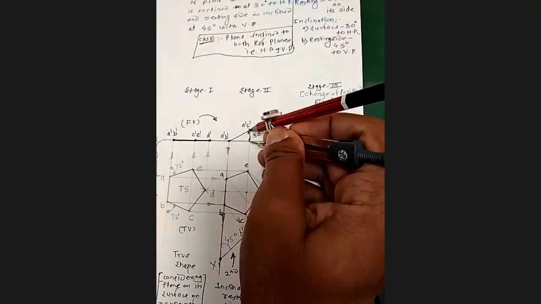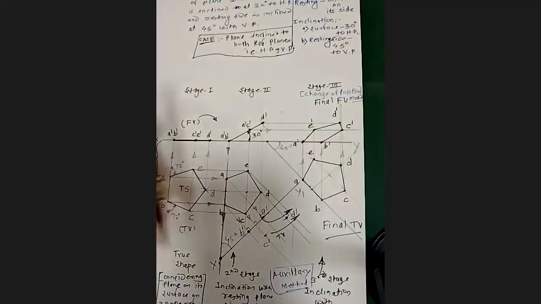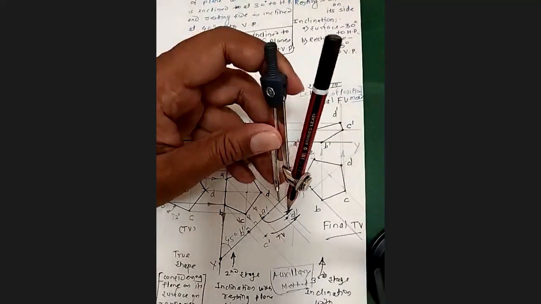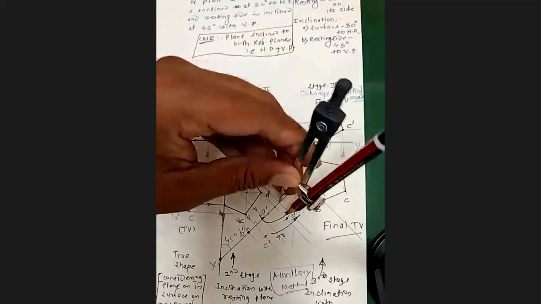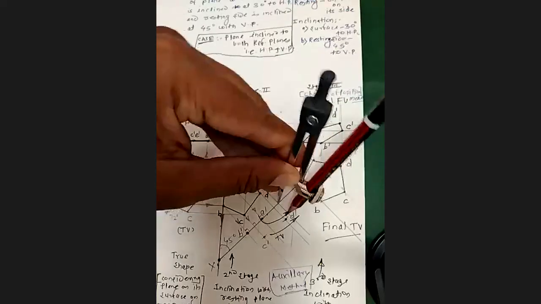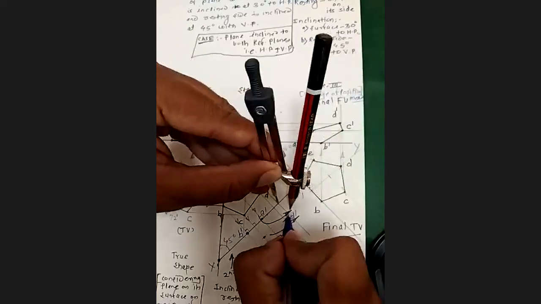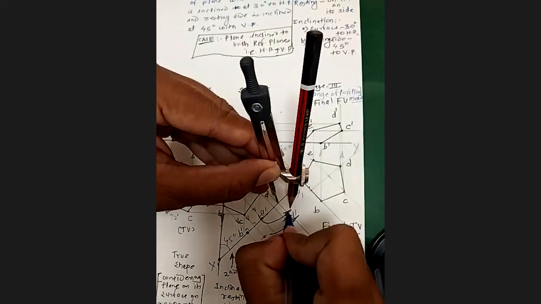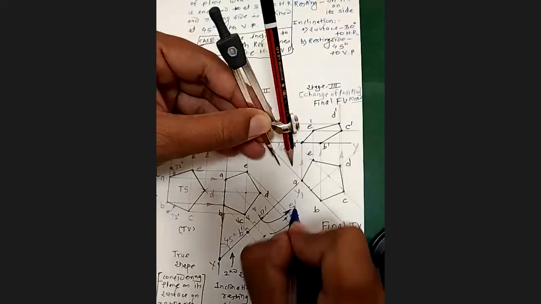I will be taking this distance now. And on this extension from the X1Y1 line, I will be taking this. It is going to happen on this arrow here. So this point is going to be the point E dash.